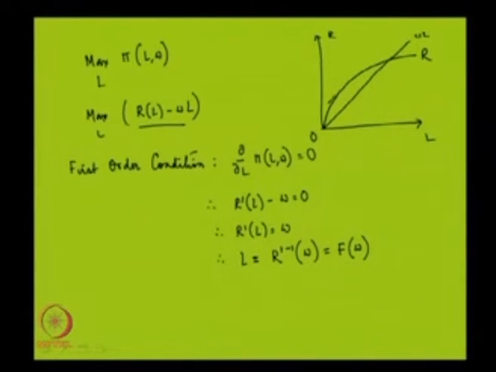It is given by this tangency point, where the slope of the R function, which is R prime, is equal to the slope of this line, which is nothing but W. So, this is the point. Okay, this is f of W. Given W, this is the level of L which maximizes the profit of the firm.